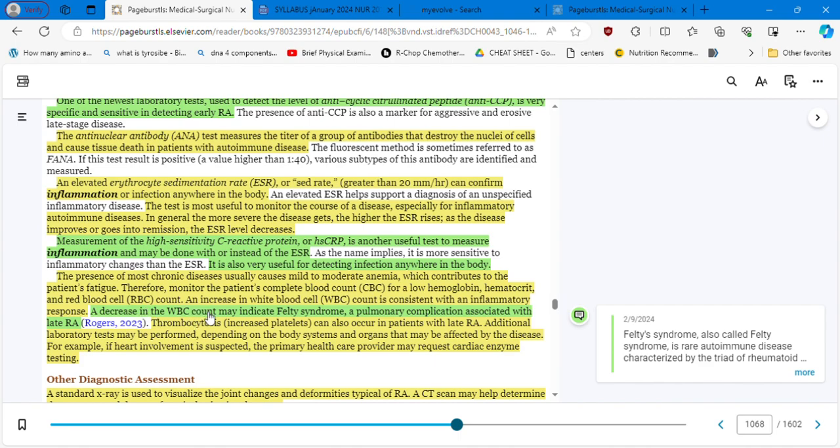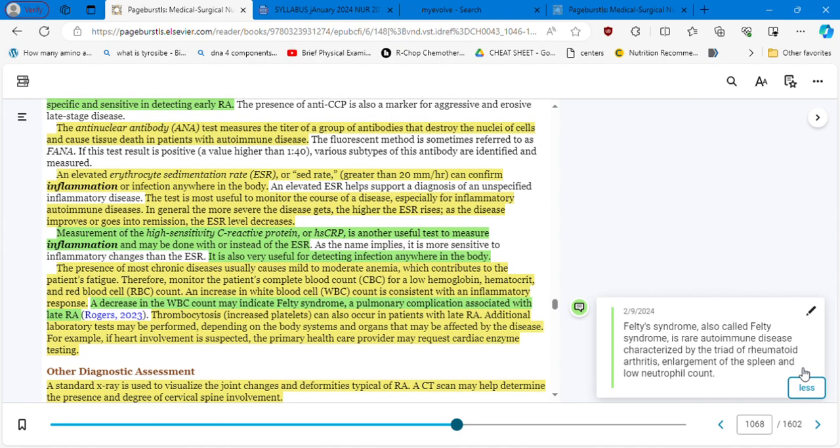We also need to take a look at the white blood cell count, if it's consistent with an inflammatory response. A decrease in WBCs may indicate Felty syndrome, a pulmonary complication associated with late rheumatoid arthritis.